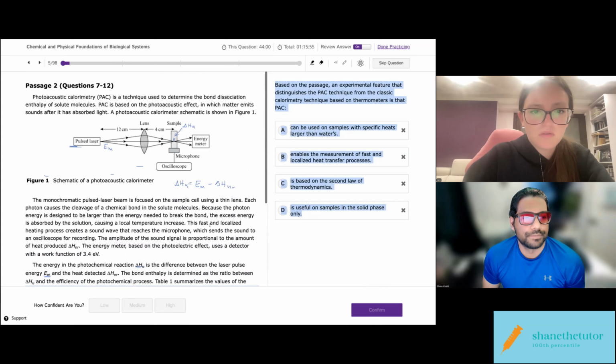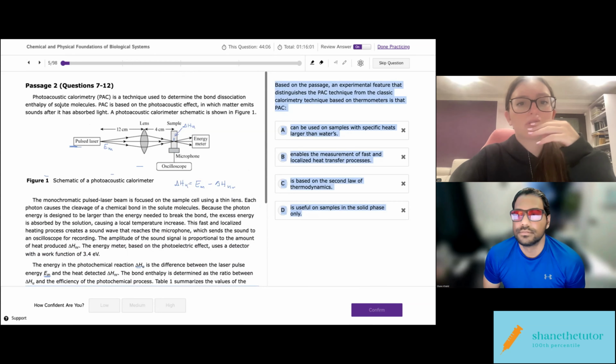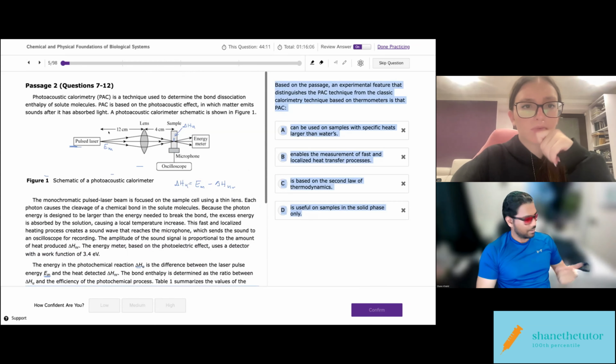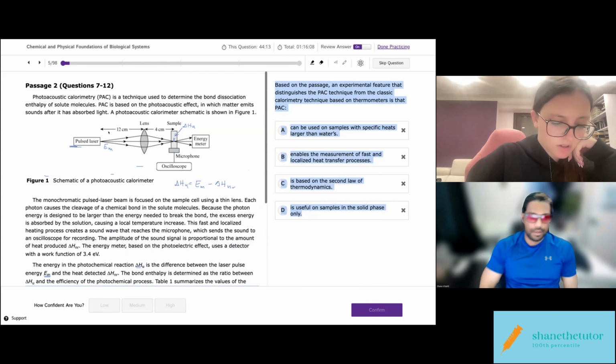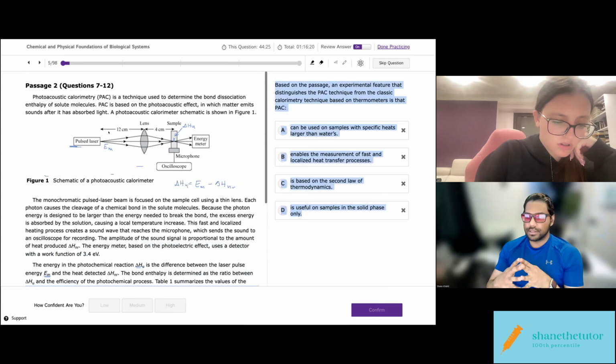But aren't they saying it's based off of the enthalpy of solute molecules? So there is some sort of temperature system involved. Yeah, it's going to measure temperature in a way that's not directly measuring temperature.